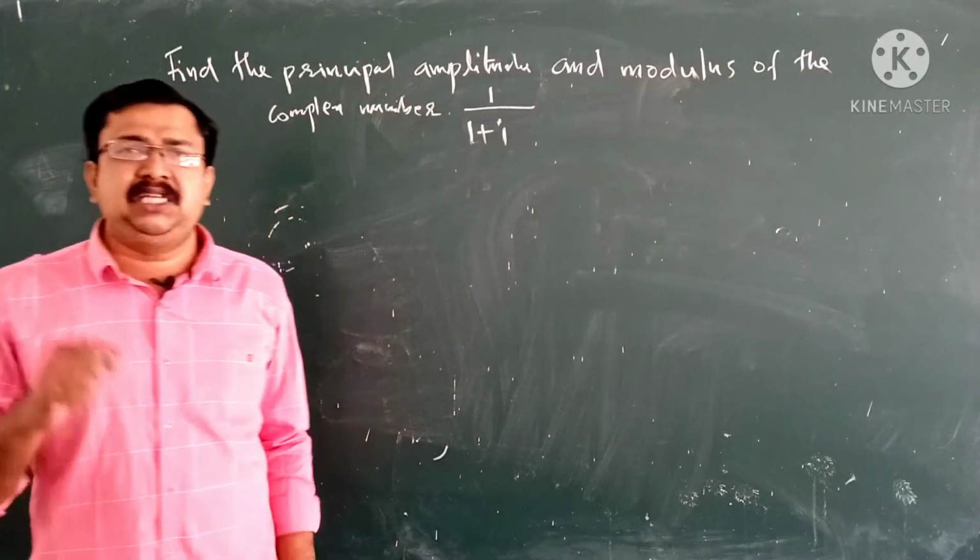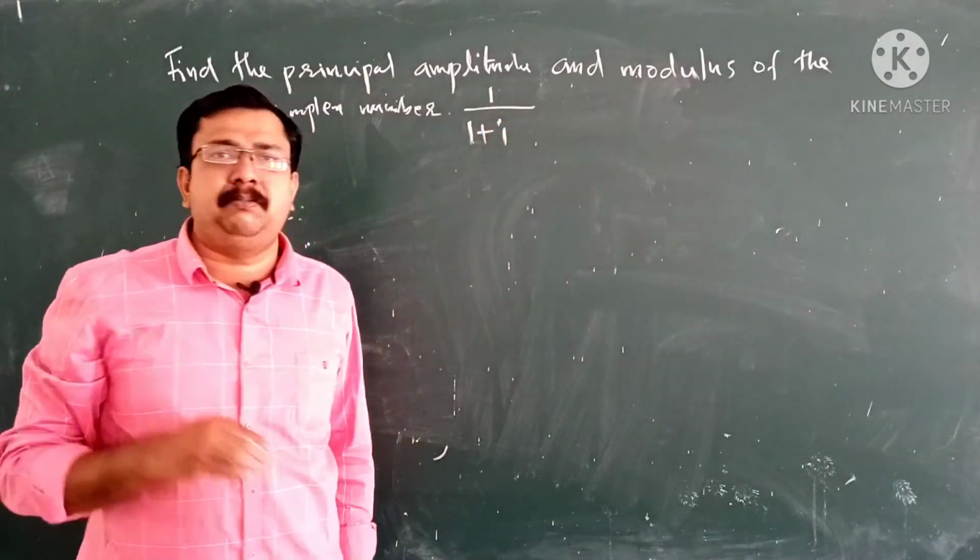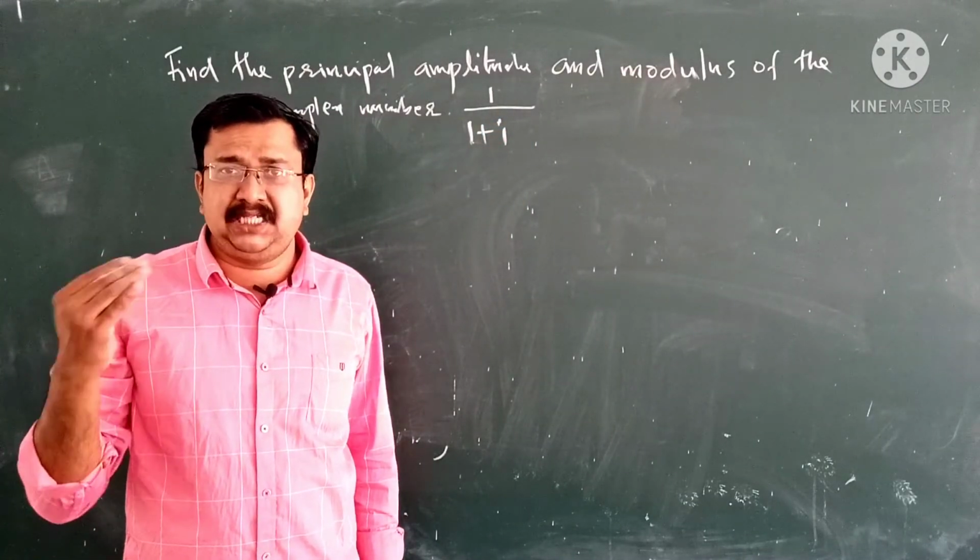What is our first step? First, we convert this complex number into the form x plus iy.